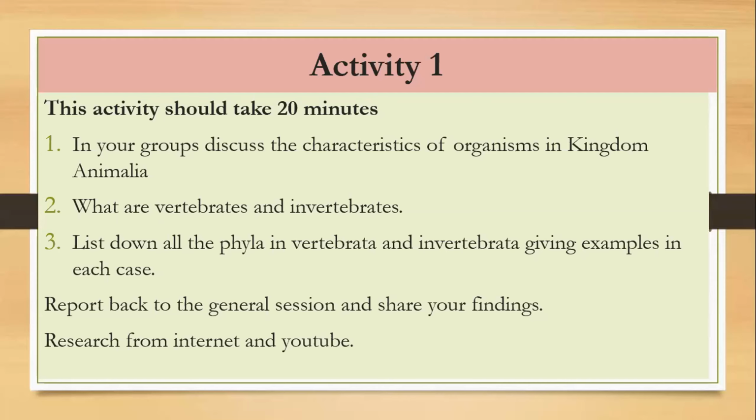And number 3, can we list down all the phyla in Vertebrata and Invertebrata and give an example in each case? So these are going to be our activities. Unless there is any question.